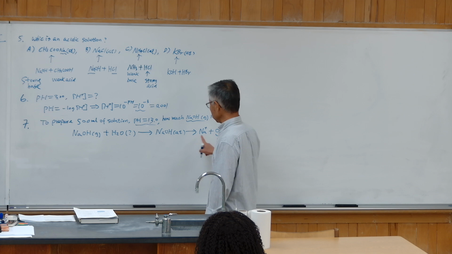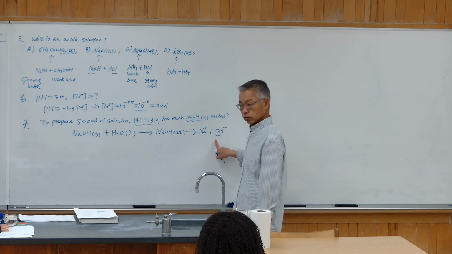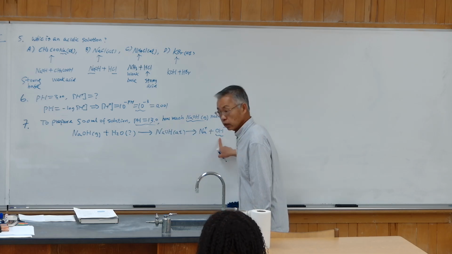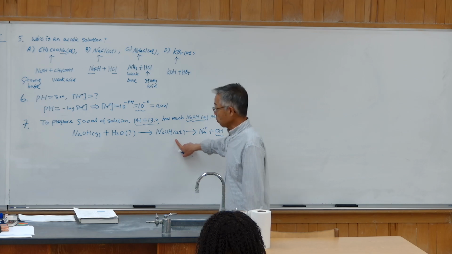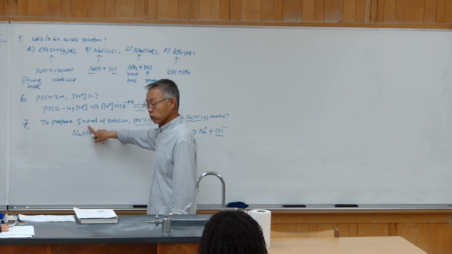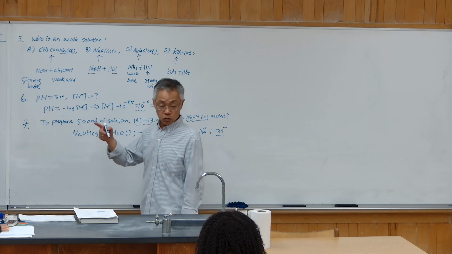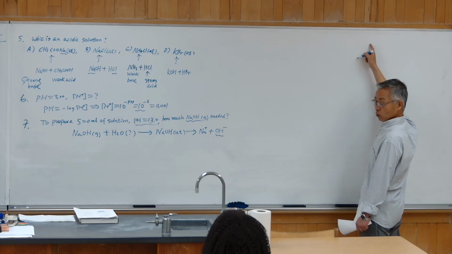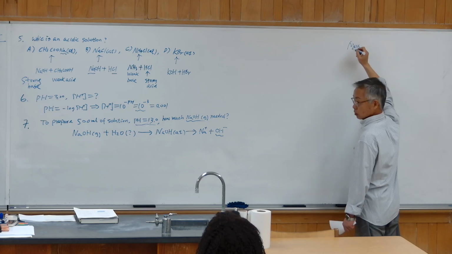So if you initially have 1 molar NaOH, then it will give you 1 molar OH. So from this pH, you find the OH concentration. Then this will be the initial NaOH concentration. Then from concentration together with volume, you can find the moles. Then from moles, find the mass. Right? In Chem 1, we write this many times.